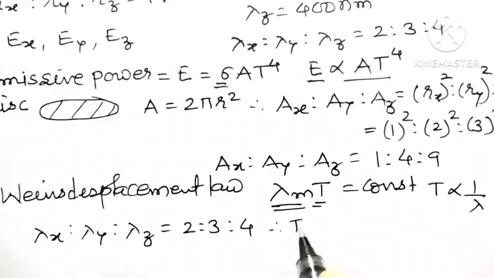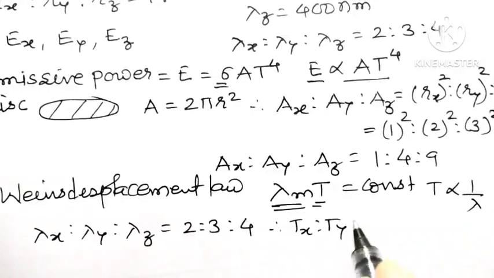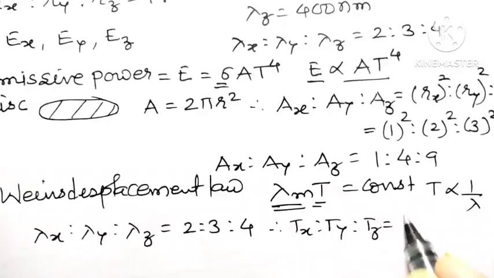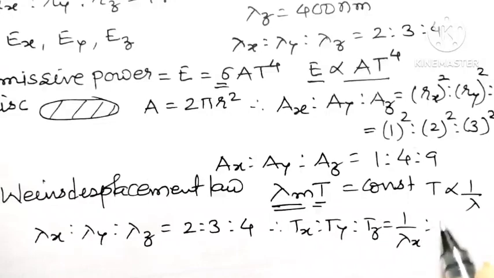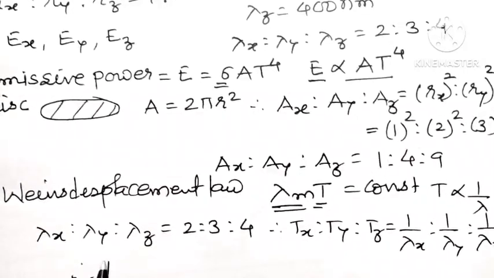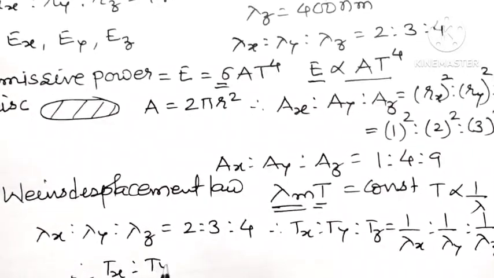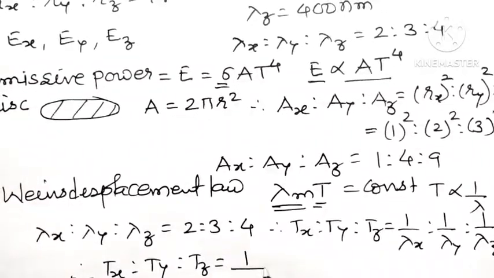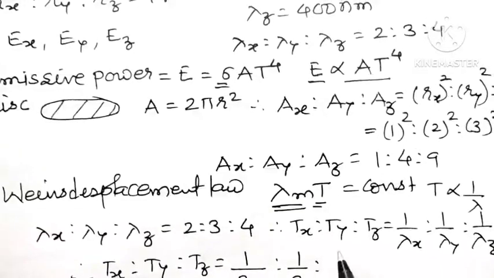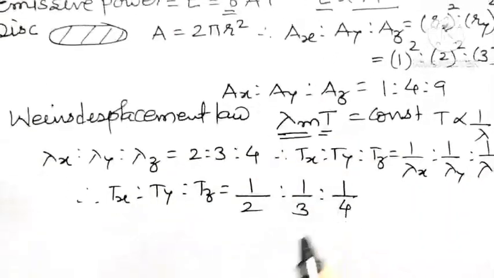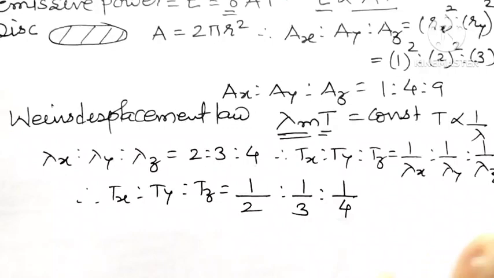Therefore Tx as to Ty as to Tz is equal to 1 upon lambda x as to 1 upon lambda y as to 1 upon lambda z, that is 1 upon 2 as to 1 upon 3 as to 1 upon 4.